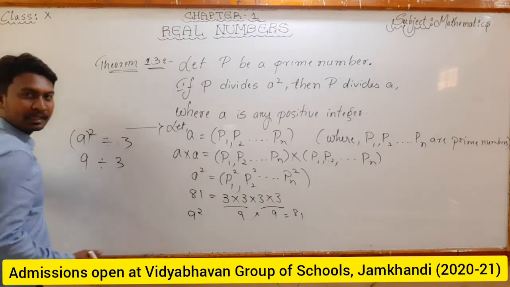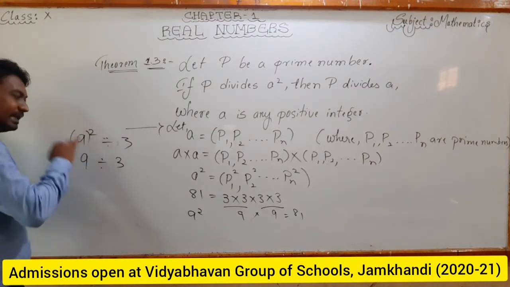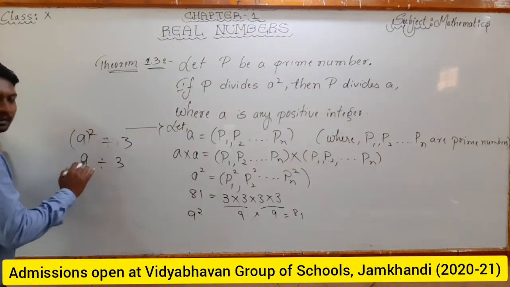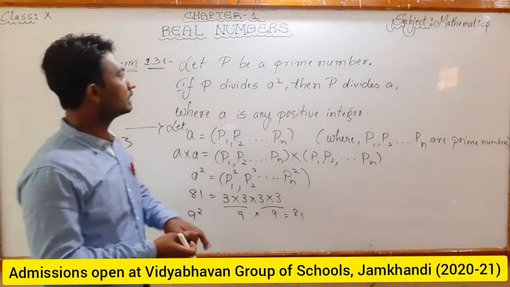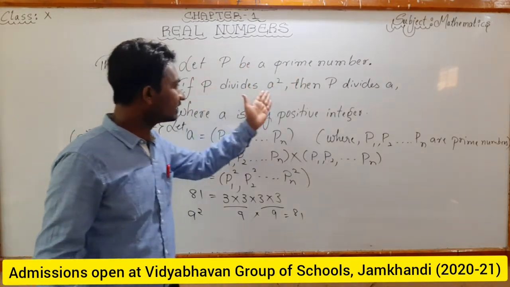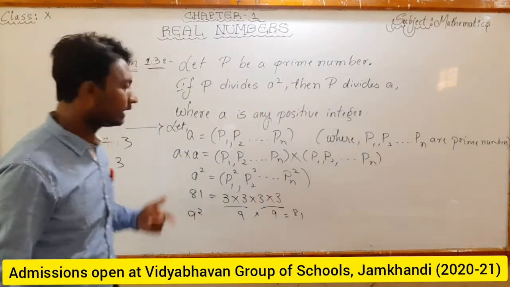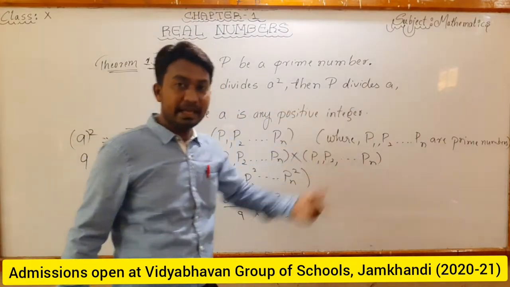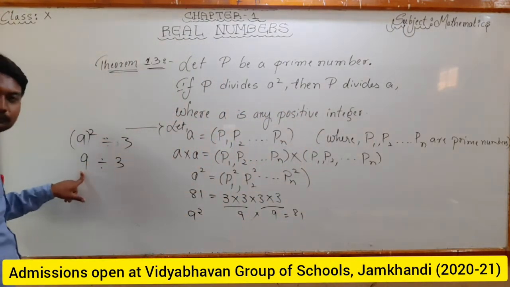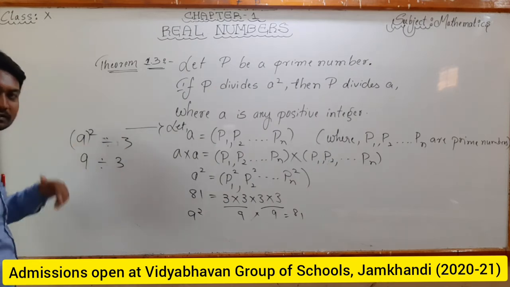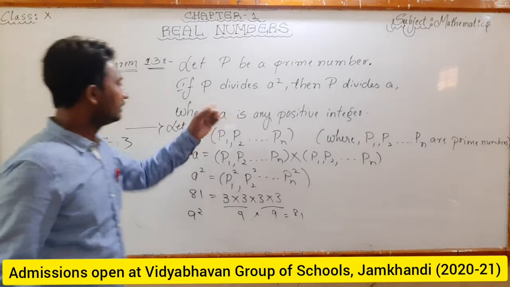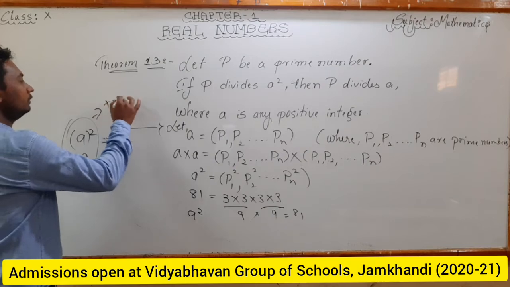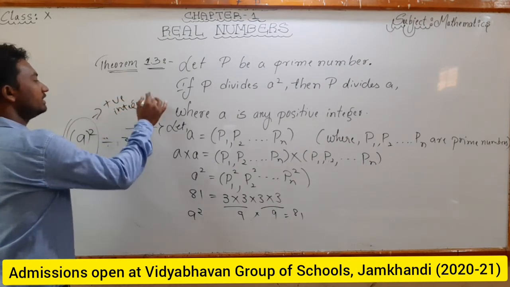Here 9 square is A square, which is divided by P, that is 3, and 9, that is A, is also divided by 3. So if P is a prime number and P divides A square, that is 3 divides 9 square, then P divides A, that is 3 divides 9, where A is any positive integer.